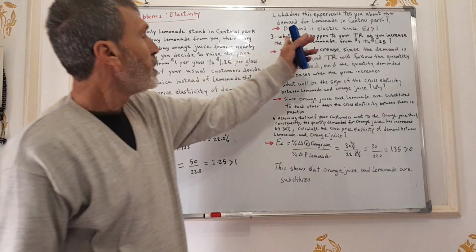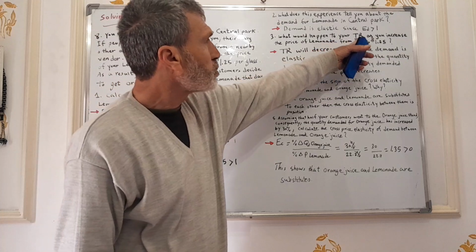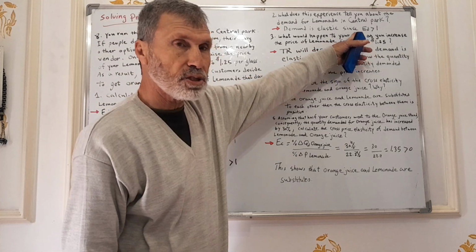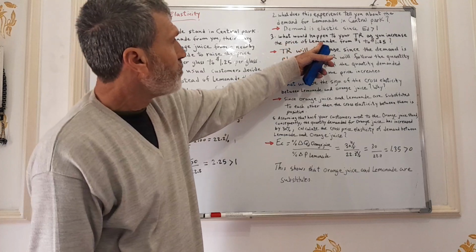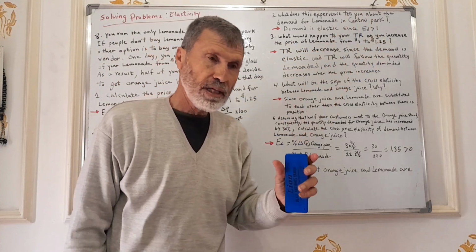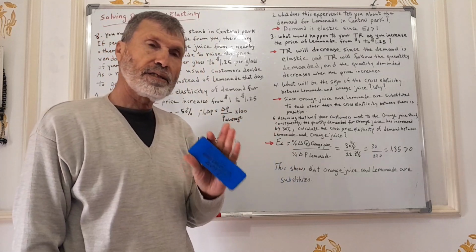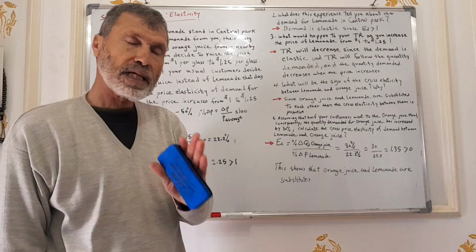Now we move to question 3. It says, what would happen to your total revenue, TR, as you increase the price of lemonade from $1 to $1.25? Now we know that the demand for lemonade is elastic.